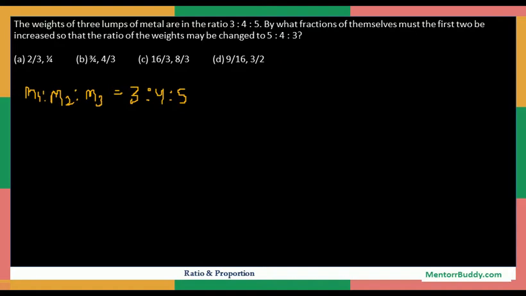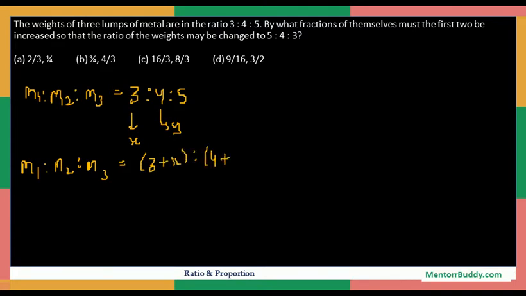So let's say in the first there is an increment of value x, and in the second the increment is y. So the new ratio of M1 is to M2 is to M3 will become 3 plus x ratio 4 plus y ratio 5.